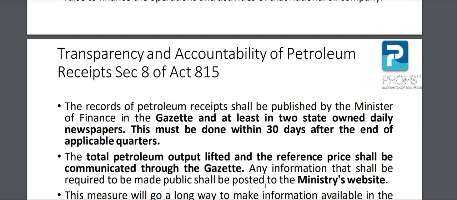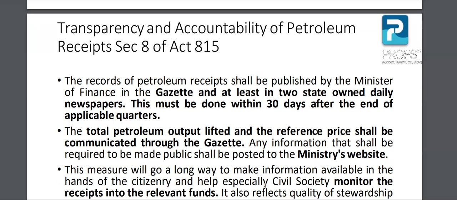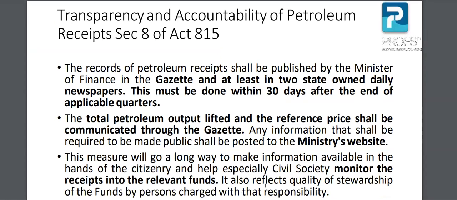Section 8 takes a look at transparency and accountability of the petroleum receipt. Yes, the petroleum receipt hits the PHF, but how is it accounted for? And whatever is being used also, how is it accounted for? So the receipt of the petroleum revenues shall be published by the Minister of Finance in the Gazette, and it must be in at least 2 state-owned daily newspapers. And this must be done every 30 days at the end of every quarter.